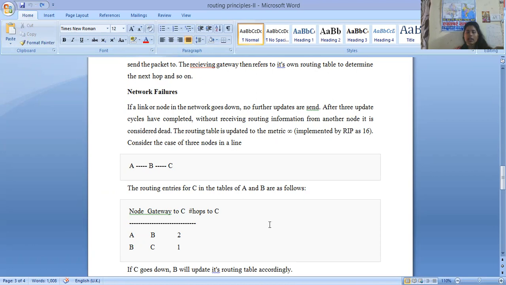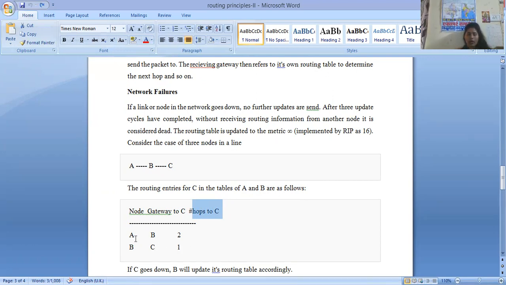Okay, consider the case of three nodes in a line, suppose A to B, B to C. The routing entries for C in the tables of A and B are as follows: node, gateway to C, and hops to C. Here you can see that A to B is 2 and B to C is 1. Clear?